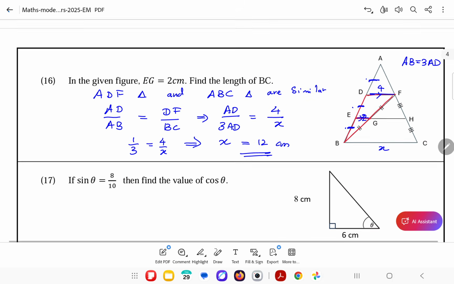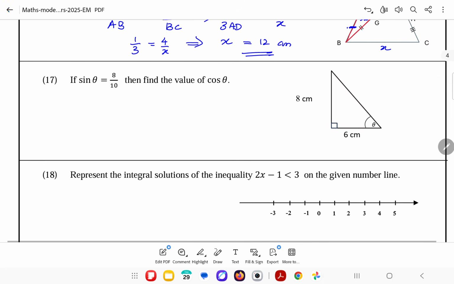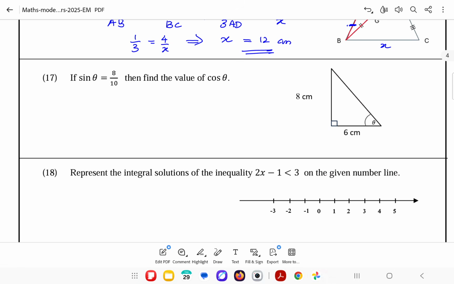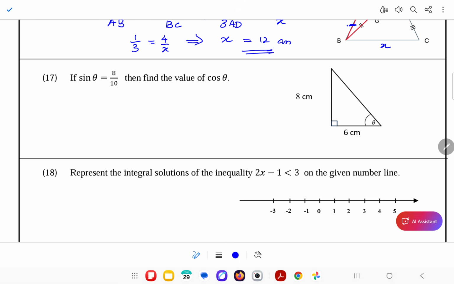Right. Let's look at the next question, question number 17. So sine theta is given, triangle is given, find the value of cos theta. Sine theta is 8 over 10. Sine is what?